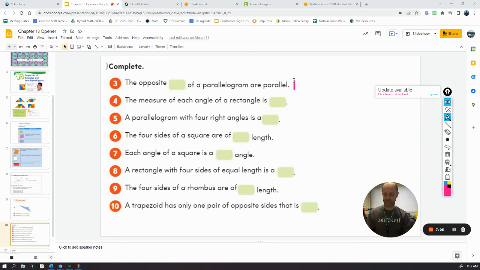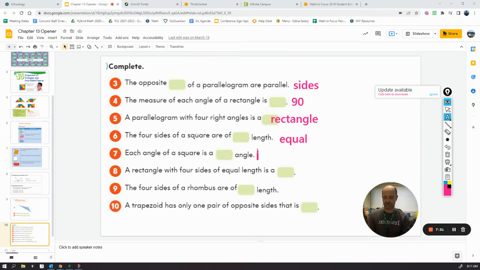All right, the opposite. Let's see. Sides of a parallelogram are parallel. The measure of each angle of a rectangle is 90 degrees. I'm not doing the little degree sign because I'm just using my text tool. A parallelogram with 4 right angles is a rectangle. Is it also a square? Maybe, but we don't know that unless we know about the sides. The 4 sides of a square are of equal length.